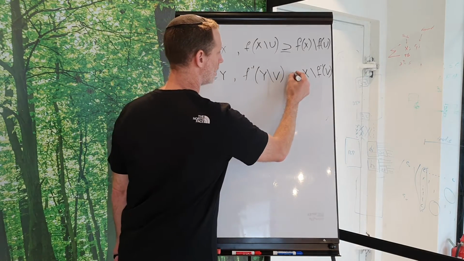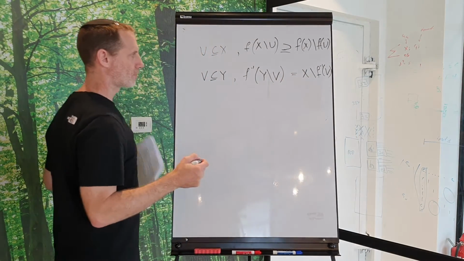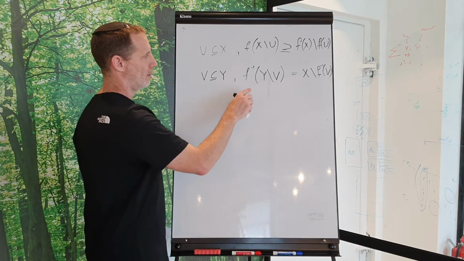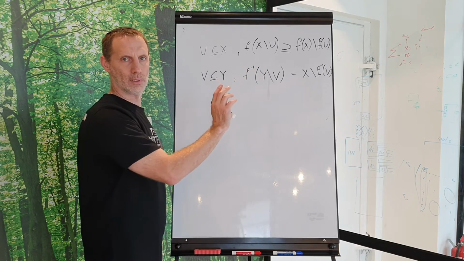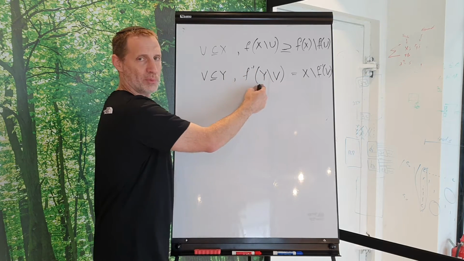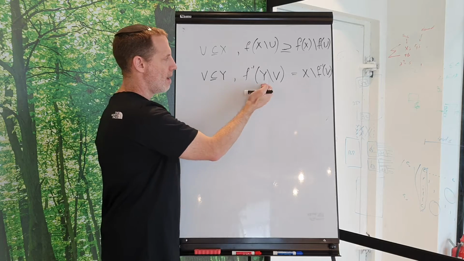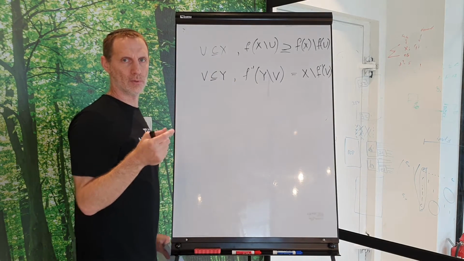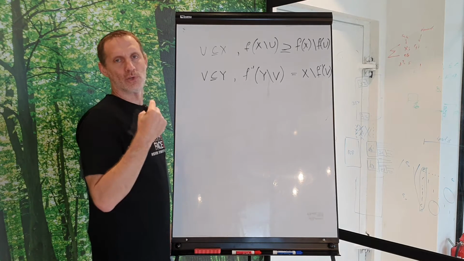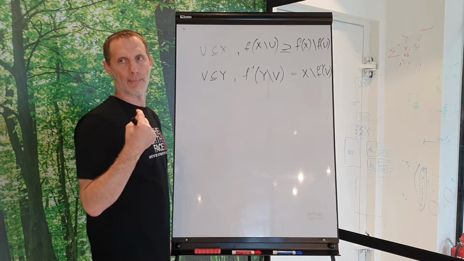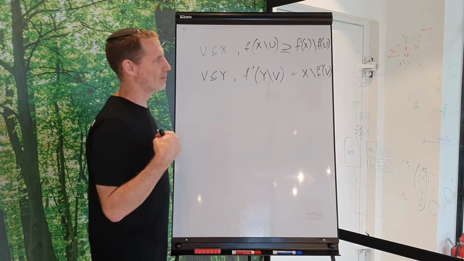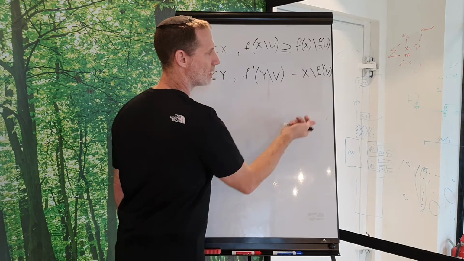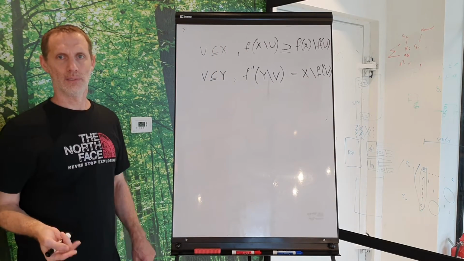Just test the specific point, right? If you removed a certain y that was in v, and then you map it back, it will potentially remove an x. But then here you just remove that x. It's the same.